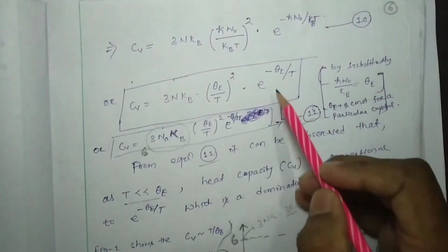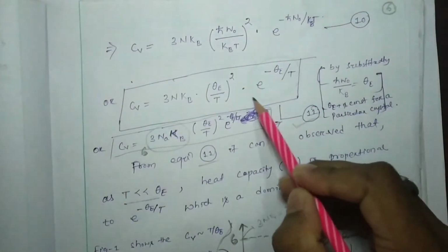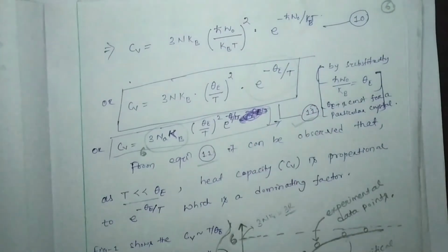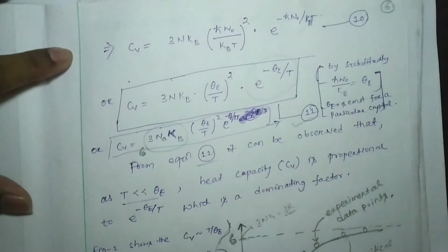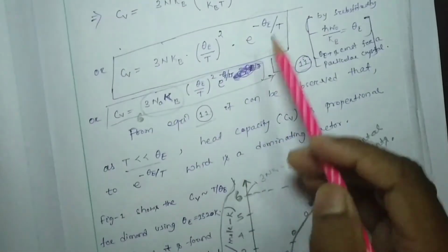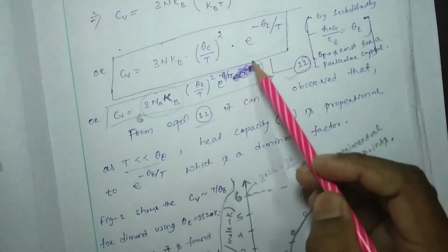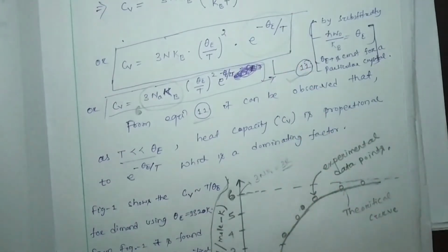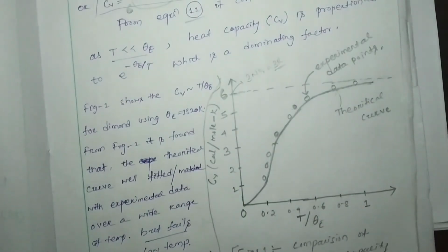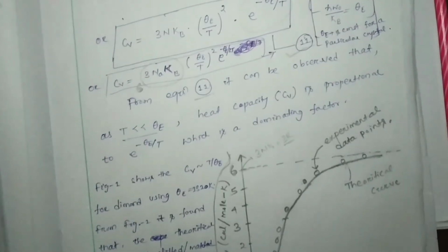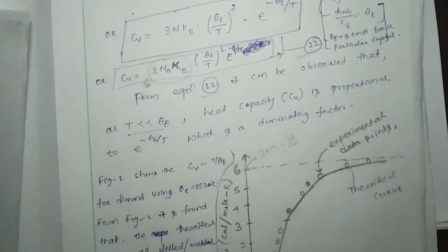Here we can see that an e to the power minus theta e term is there, right? Due to this factor, we can say that Cv decreases with decreasing temperature. That I am going to explain here.